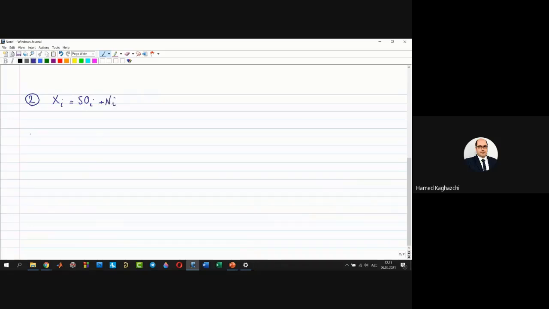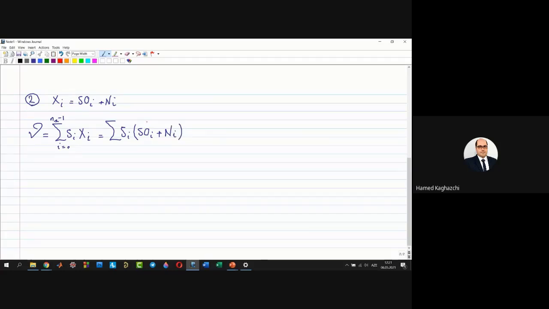So again, if I write the output of the matched processor, I will have S0i plus Ni.